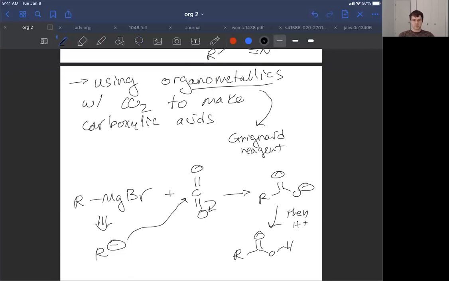I like it so much because it uses carbon dioxide as a C1 building block, as a single carbon building block. I mean, we have a huge problem with a huge abundance of carbon dioxide, but we have a huge need for organic molecules to be made for better living through chemistry, to improve the quality of a human's life.